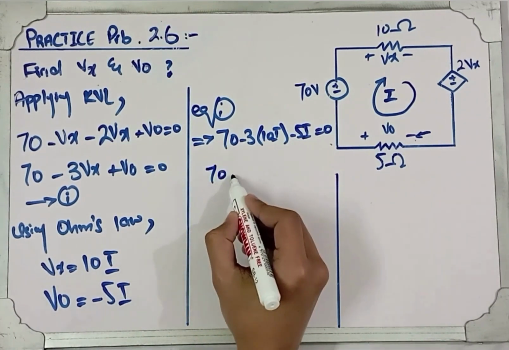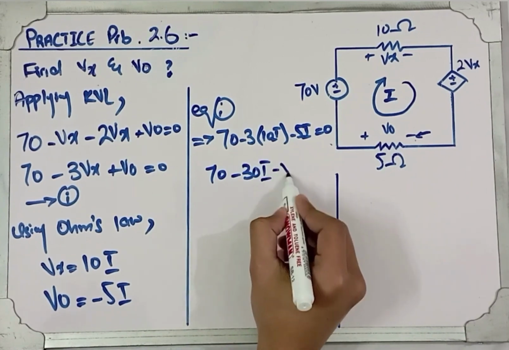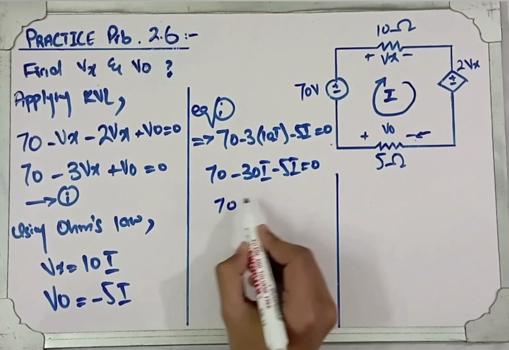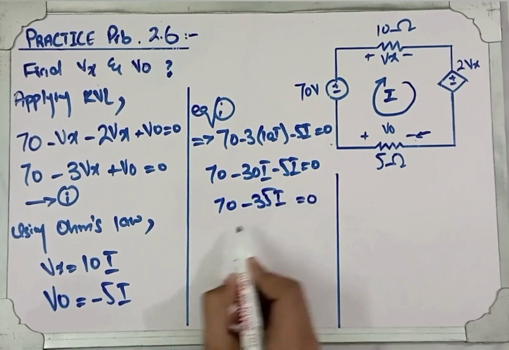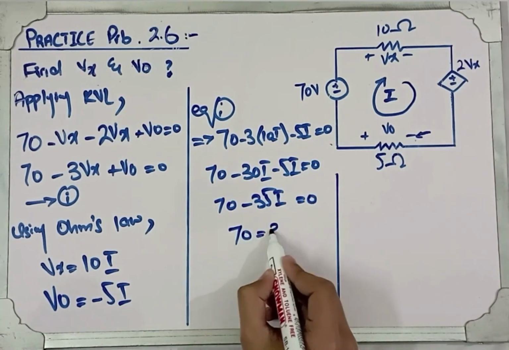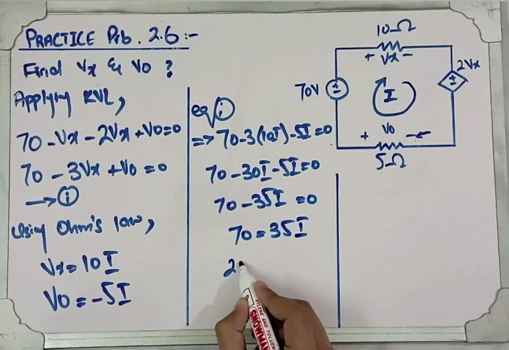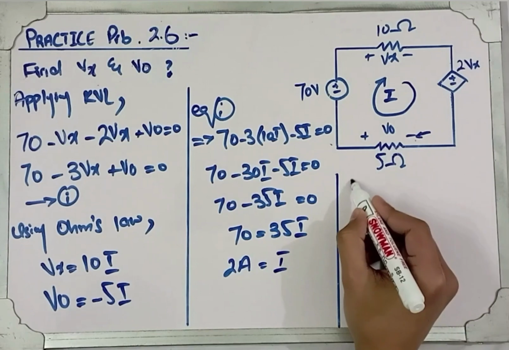Now solving this equation, 70 minus 30I minus 5I equals 0, so 70 minus 35I equals 0. We will take the minus 35I to the other side of the equation and then divide 70 by 35, which gives us our current, that is 2 amperes.